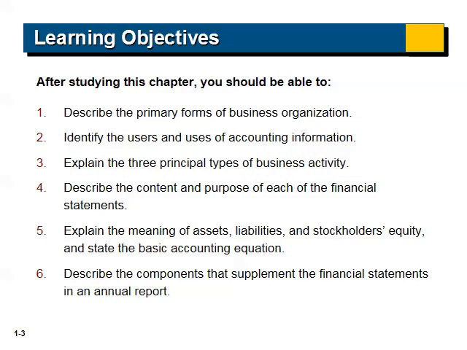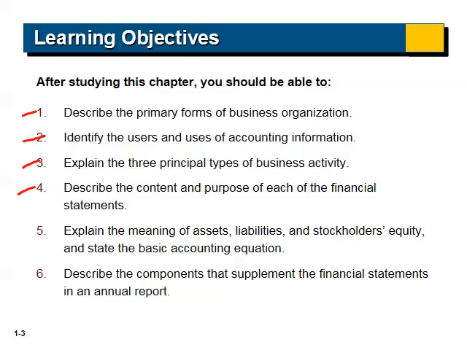So here are the learning objectives for this first chapter. First of all, we're going to talk about the various forms of business organization. When you start a company, you have to choose a business form. Then we're going to say who are the users and how do they use this accounting information. We're going to explain the 3 principal types of business activity.